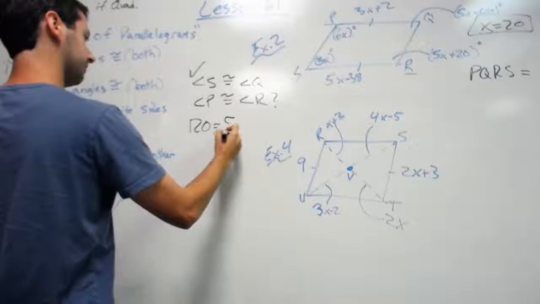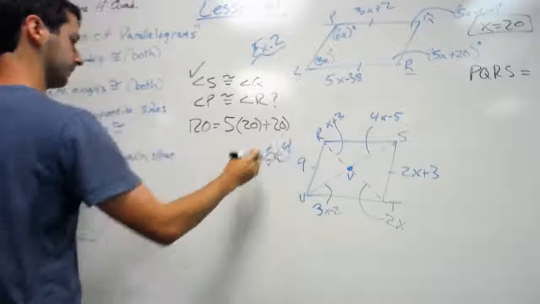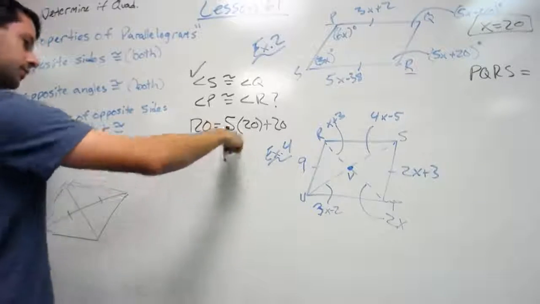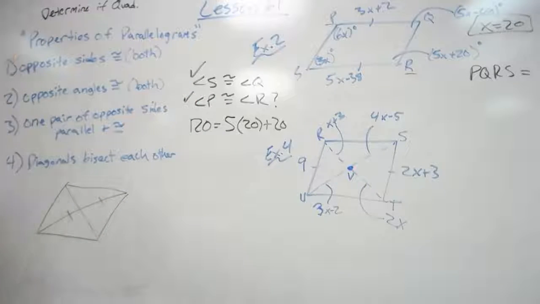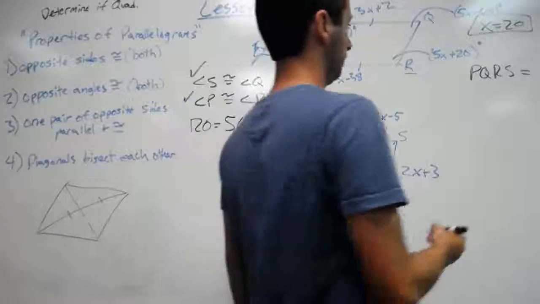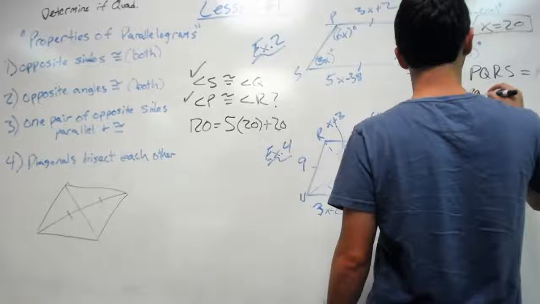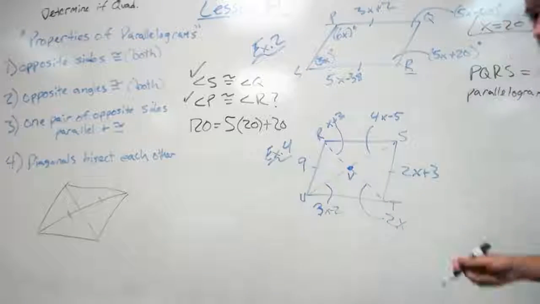So 5 times 20 is 100, plus 20 is 120. So therefore, both pairs of opposite angles are congruent. So it is a parallelogram. And that's how you would do that example.